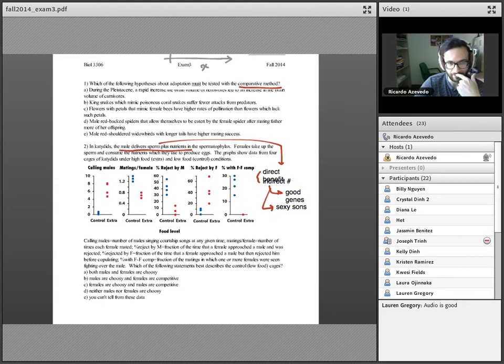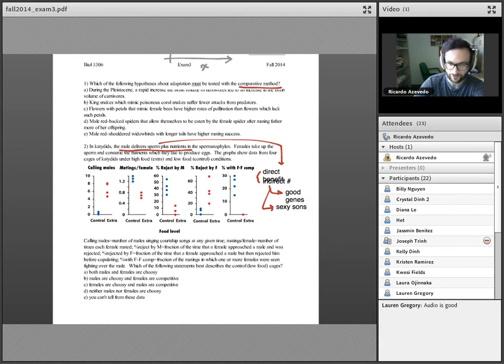The percentage of males rejected by females is pretty high in high food, but in low food there's low rejection. And there is more female-female competition when there is no food.